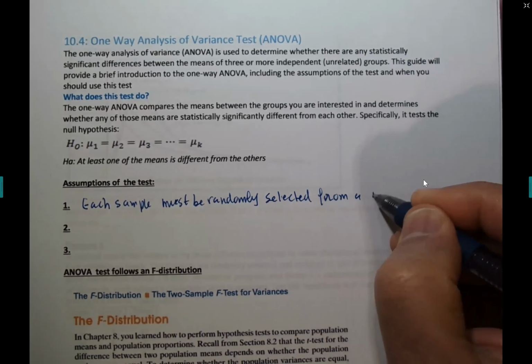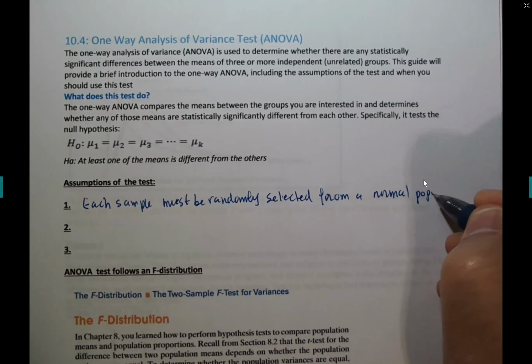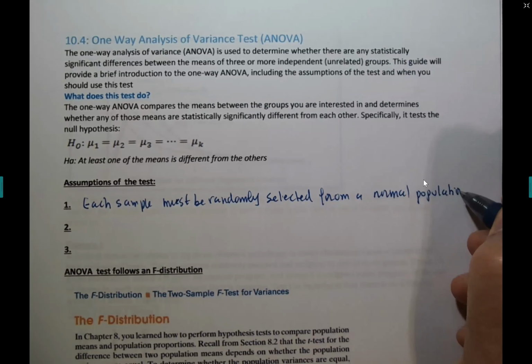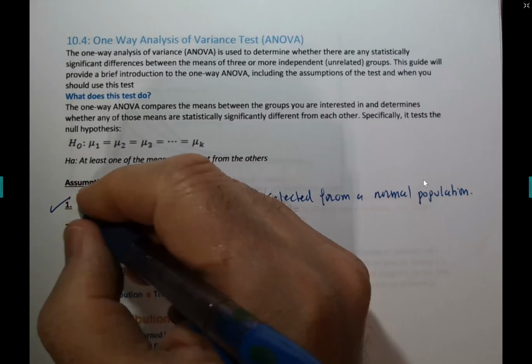All populations must be normal, guys, in this course: bell-shaped or approximately normal populations. So this is number 1. Number 2, the samples must be independent of each other.